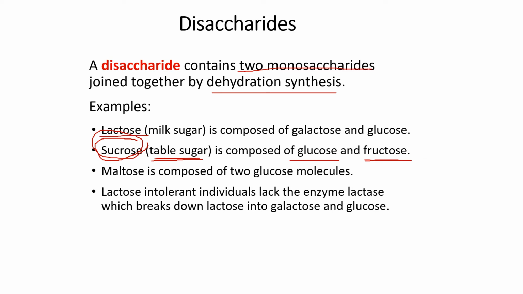Lactose is also pretty famous because of lactose intolerance. It is milk sugar, and it is glucose with galactose. But definitely know sucrose, know how it's built, and then know that lactose is also a disaccharide. So sucrose and lactose are disaccharides. But for lactose, just know that it's milk sugar.